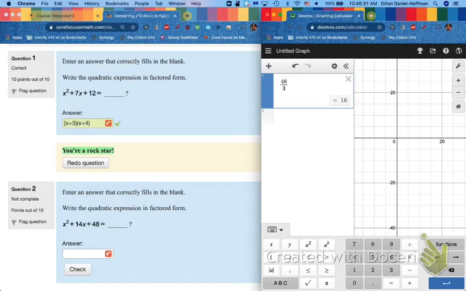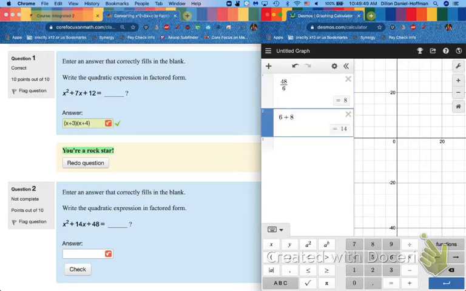Nope, that's 19, but we're getting closer. 4 and 12. 4 plus 12 is 16. We're getting close. Notice 48 has a lot of factors, but 5 is not one of them. If you ever get a decimal, you automatically know that's not our answer. 6 and 8. What is 6 plus 8?